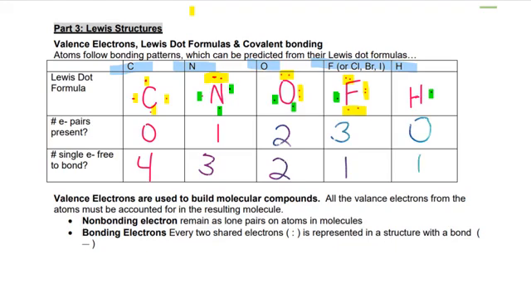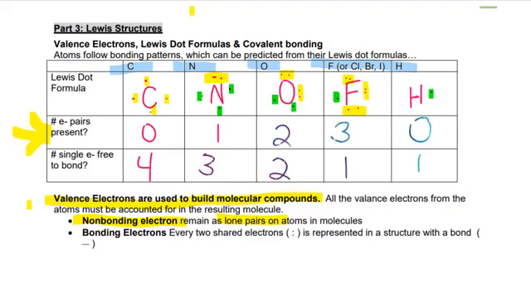Now, we are solely looking at valence electrons, those outermost electrons that are used to build molecular compounds. Not total, we're just looking at those outermost electrons. Now, non-bonding electrons are those lone pairs. All of these pairs that are present that we highlighted are non-bonding.